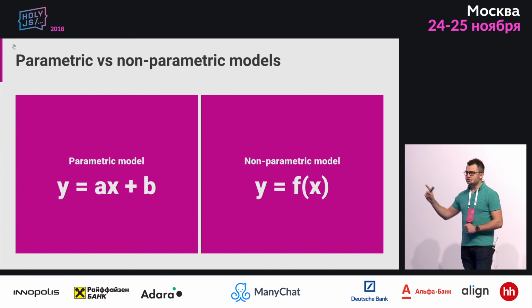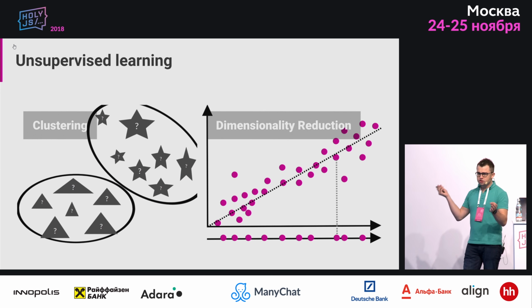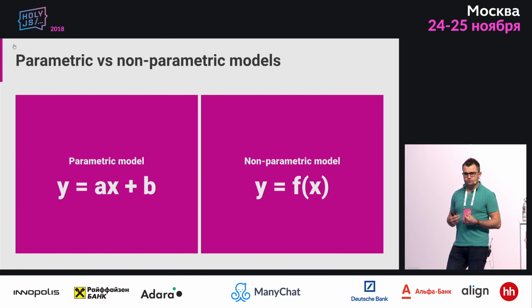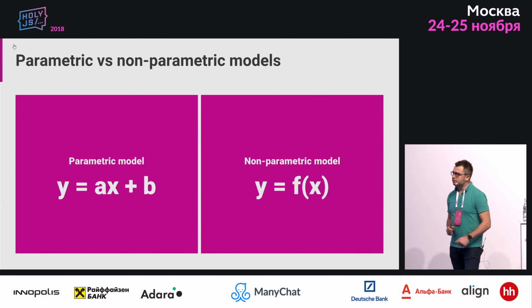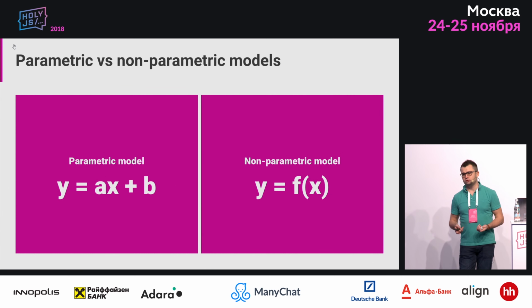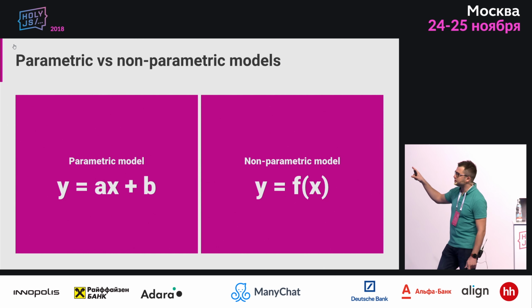So we assume that this is the line, that our data form a line. This is just an assumption, right? So here, our goal is to find A and B, and the values of these parameters would fully describe the model. In the non-parametric case, there is no assumption over the model. We don't have any assumption about the function.